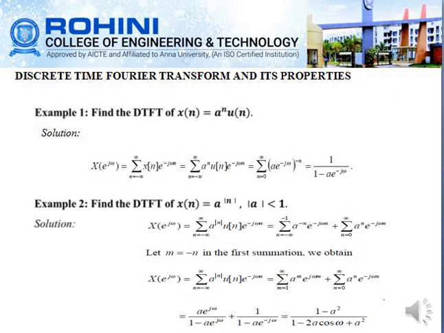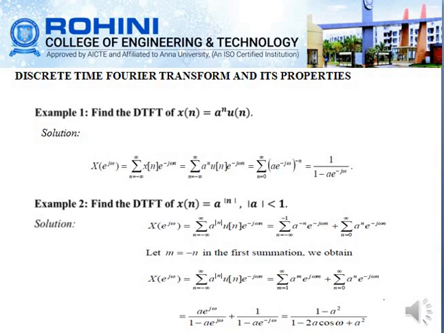Second problem: find the discrete time Fourier transform of x(n) = a^|n|. Here the modulus of a should be less than 1. Solution: X(e^jω) = summation n equal to minus infinity to infinity a^|n| e^(-jωn).